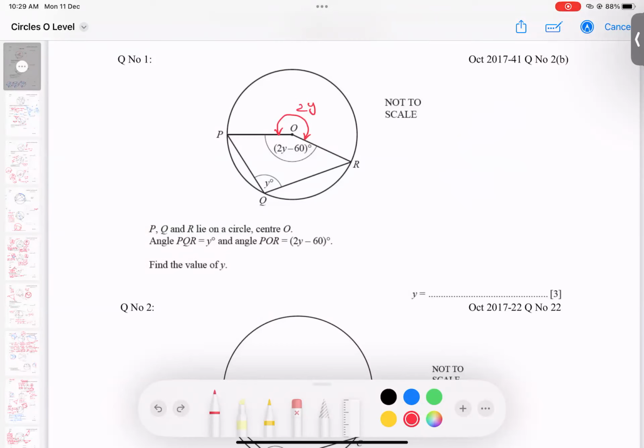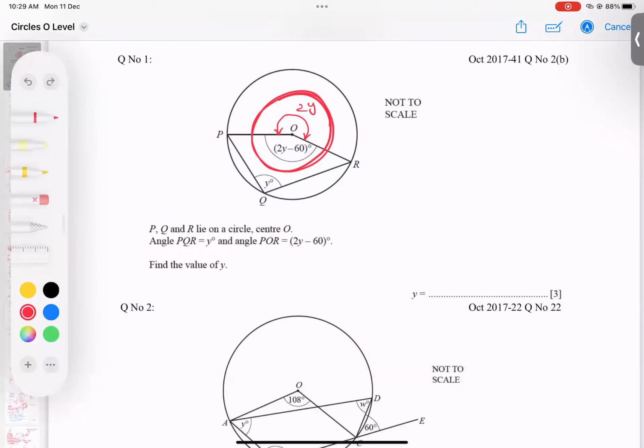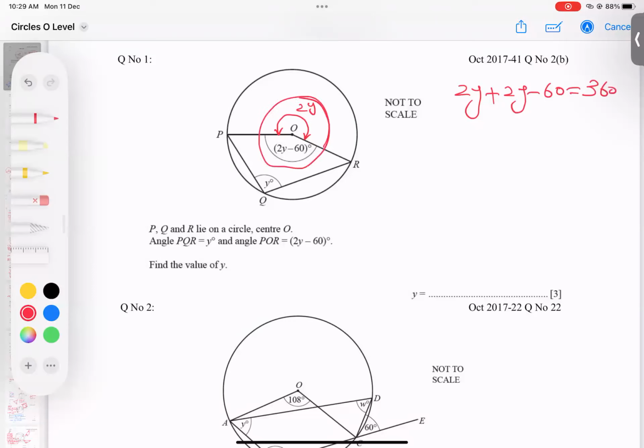Now it is a piece of cake for us because this is the angle at the circle. So 2y from here and 2y minus 60 from here. If you add them both, 2y plus 2y minus 60 equals 360. Reason: the angle at the center of a circle is always 360 degrees.